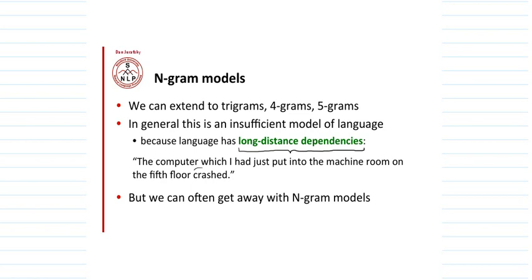So this crashed is actually dependent on this computer. For long dependencies, this n-gram is not that efficient, but for short-term dependencies, this n-gram is quite efficient and quite powerful.